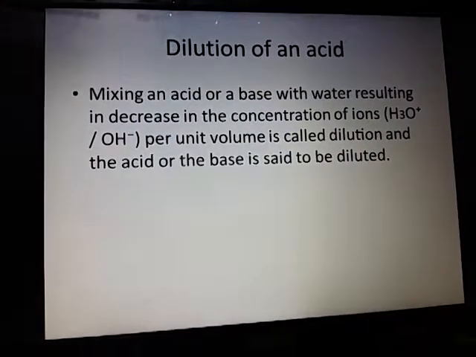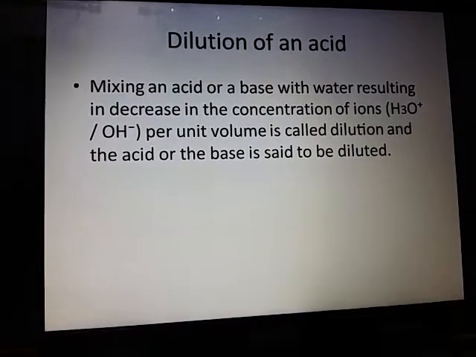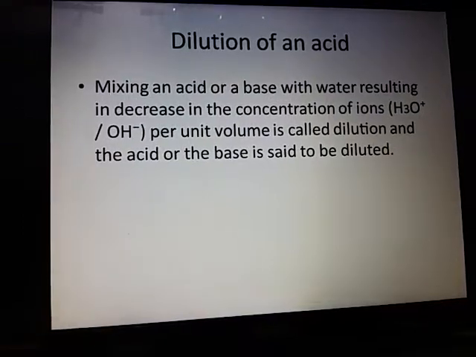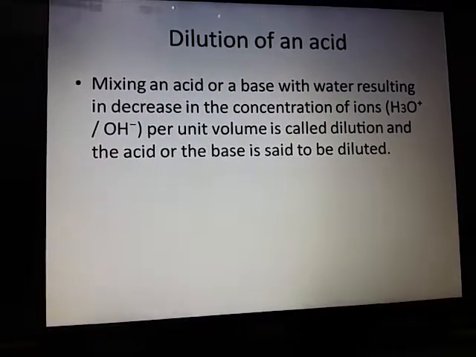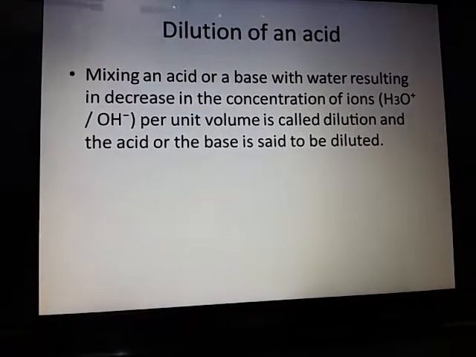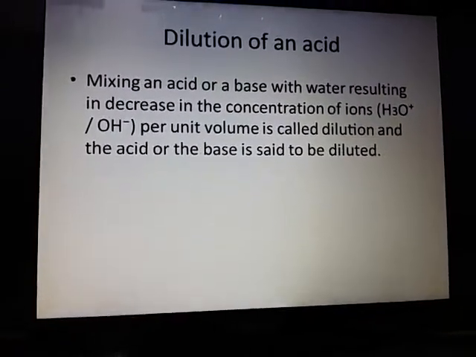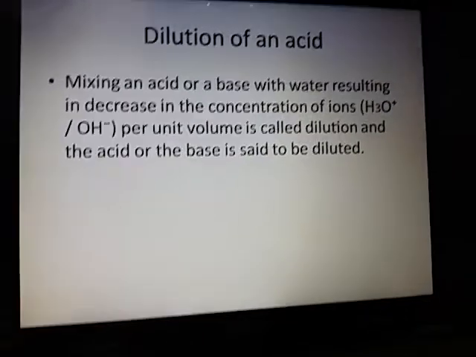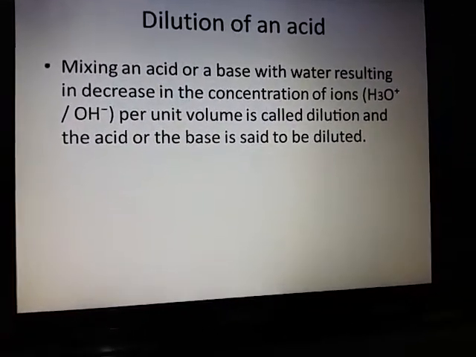Now, these acids and bases are available in their concentrated form, meaning less amount of water is present in them. But for some processes or experiments we need acids or bases of a particular concentration, right?